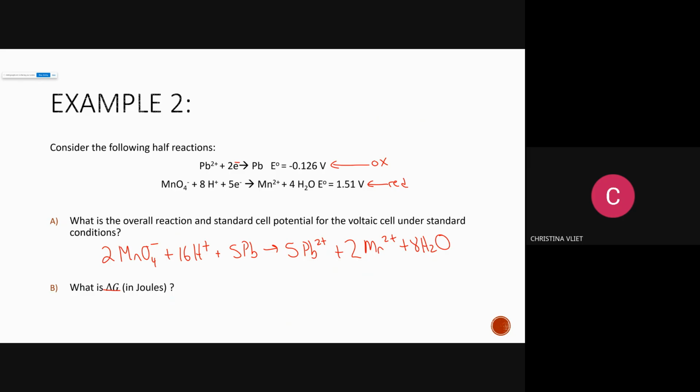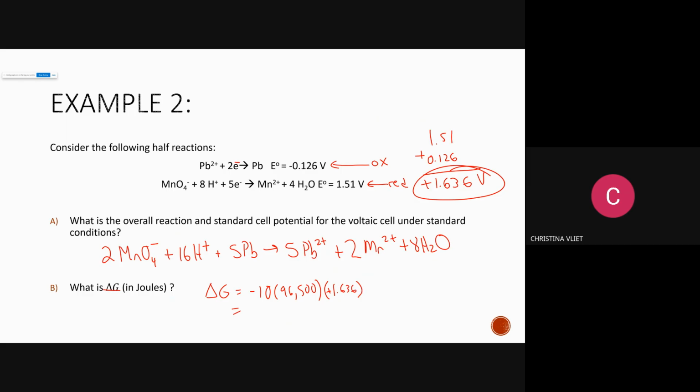The other part, which is the new thing, should have been negative 10, right? Because there were 10 electrons transferred, 96,500, and then this would be the cell potential. The overall cell potential here would have been 1.51 plus 0.126, which is 1.636, which is what goes here.